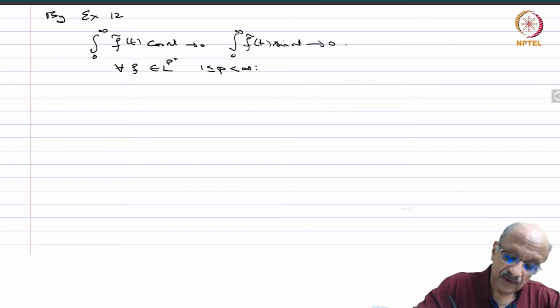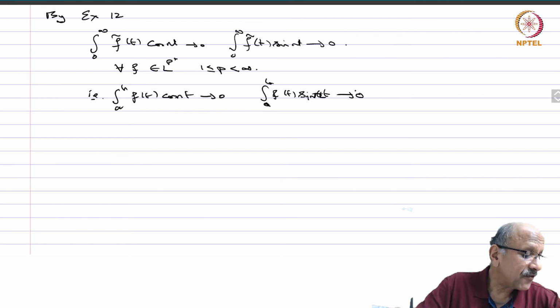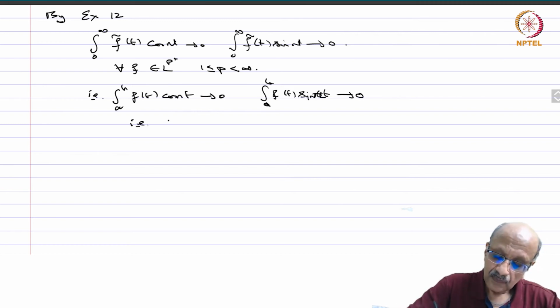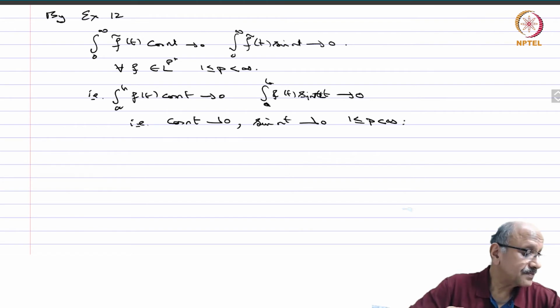That means the integral from a to b of f of t cos n t tends to 0, and the integral from a to b of f of t sin n t tends to 0 for all such f, so cos n t tends weakly to 0 and sin n t tends weakly to 0 for all 1 less than or equal to p less than infinity.